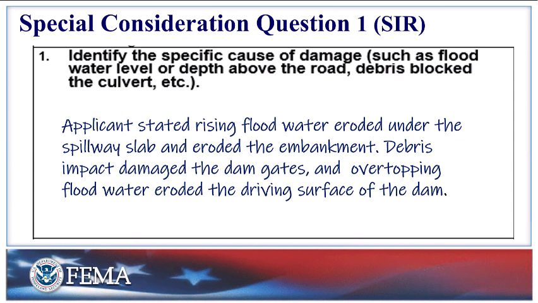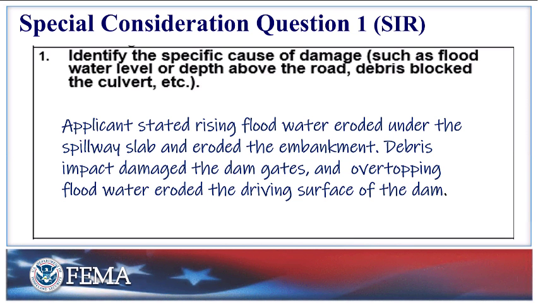Here's an example of site inspection special considerations question number one. The information on the screen shows that our applicant and our site inspector had a conversation, and this is what the applicant told us. The applicant stated that rising flood water eroded under the spillway slab and eroded the embankment.